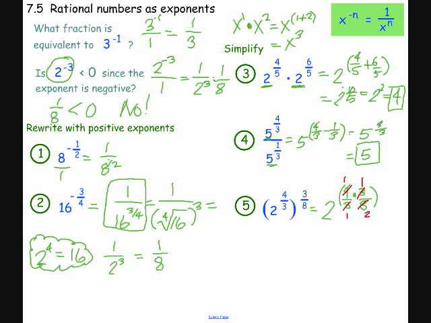So I'm going to end up with a much simpler expression. This is equal to 2 to the 1/2. I hope you like it.